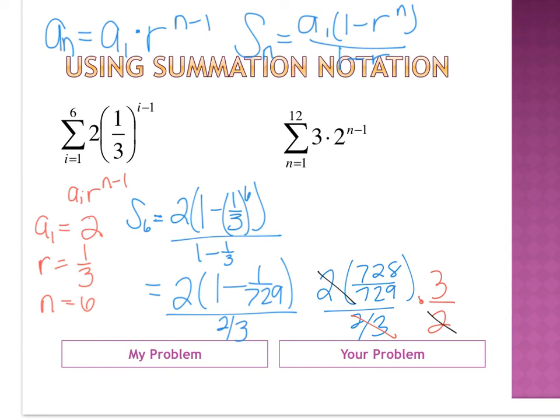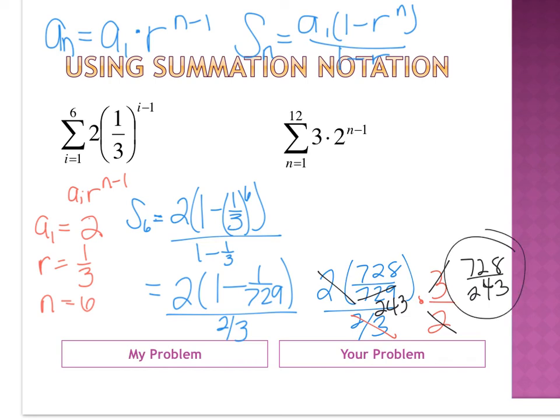Now I'm just multiplying by 3. And 3 goes into 729 243 times. Okay, so 728/243 is my final answer for the sum.